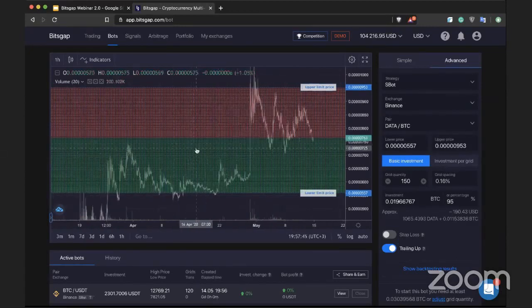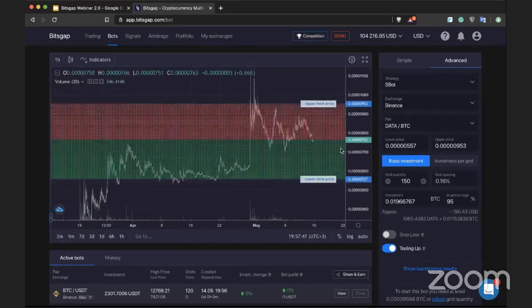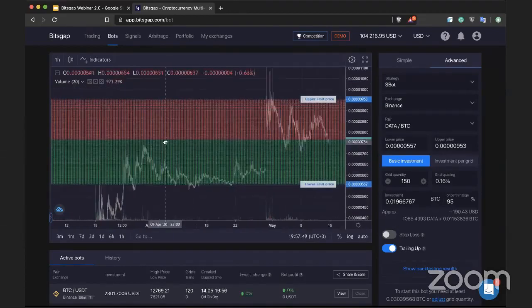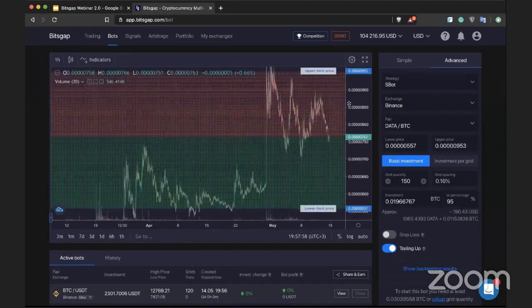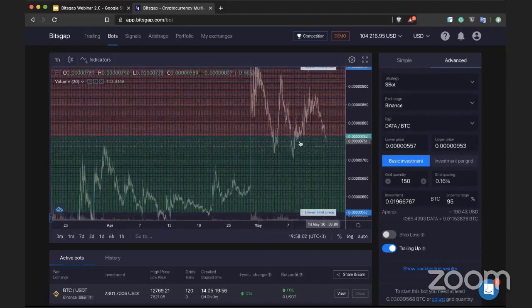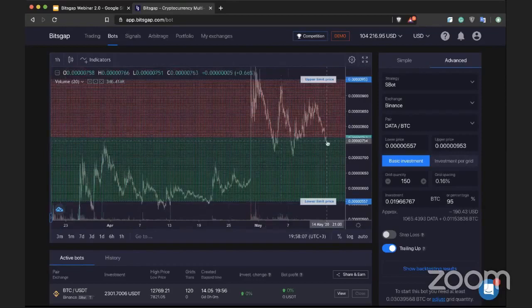This level is quite sustainable, and the price has bounced off this level 2 times already. If we don't take into account some of the downside pressure here, in general, it respected this level. And as you can see, it is currently moving towards this support level.